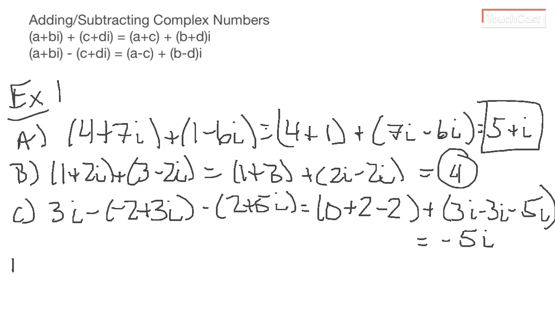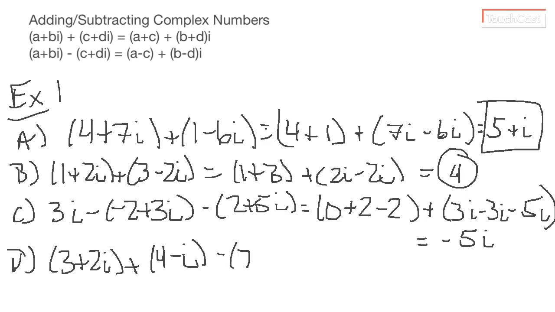Let's look at one last one before we move on to the next operation. So we're going to take 3 plus 2i. We're going to add 4 minus i. And then subtract 7 plus i. We're going to go 3 plus 4. We're going to take care of the real parts. And then minus 7 from that.